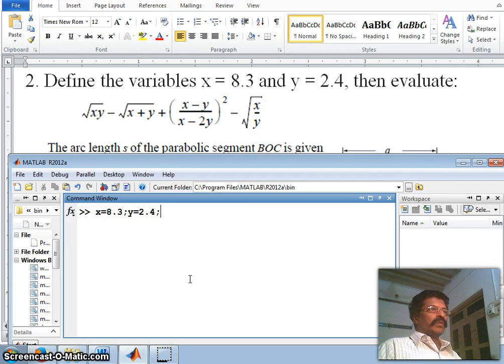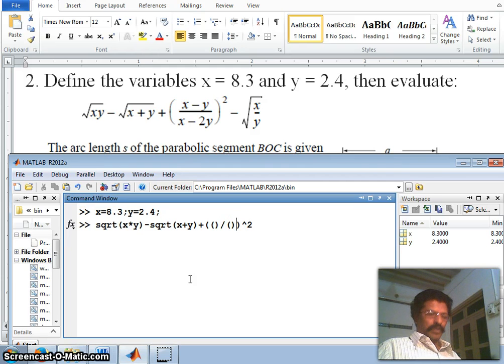Okay. Now we want to evaluate square root of x multiplied by y. Alright, minus sqrt of the second term, x plus y. Okay, then plus, then the whole bracket. For this whole bracket we apply the square, and that whole bracket consists of a numerator divided by a denominator.